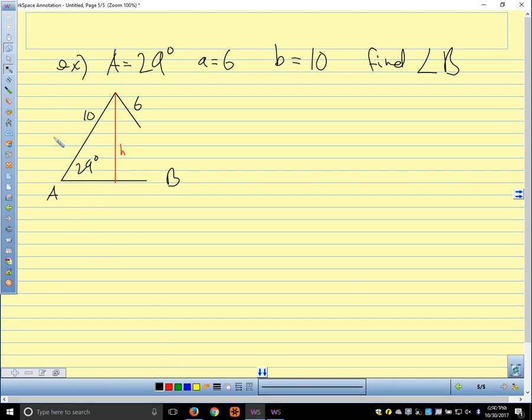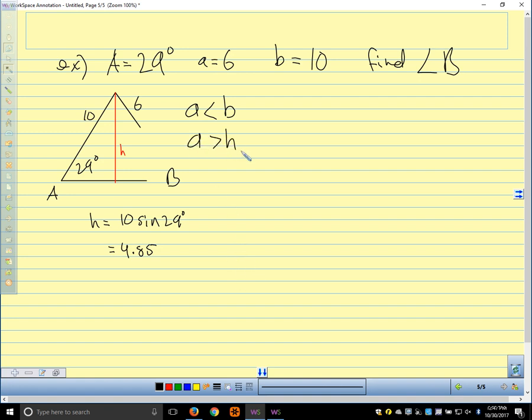From the information we have, we know that A is less than B, 6 is less than 10. So we need to compare A to the height. Our height is 10 sine 29, which comes out to be 4.85. So A is greater than the height, just barely.